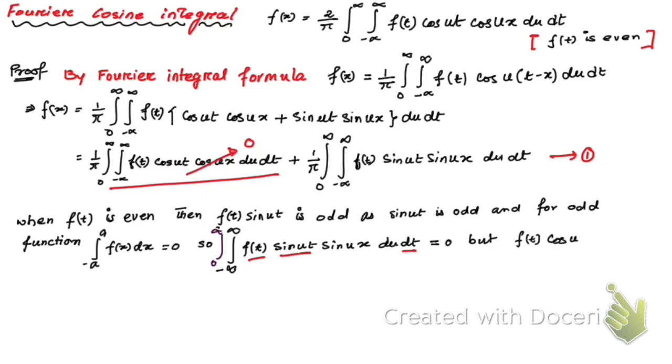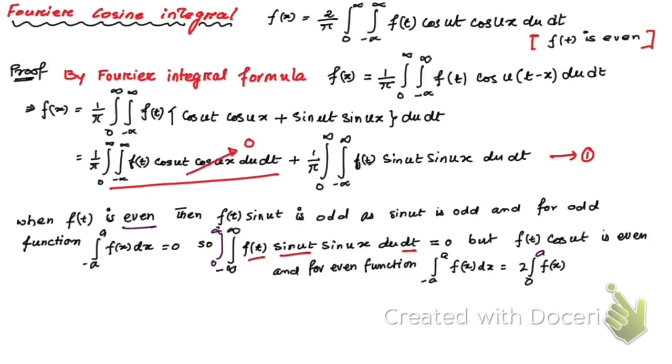But f of t cos ut is going to be an even function in this case, because f of t we have considered even, and cos ut is also even, so both even, so their product is going to be even. And for an even function f of x, the integration from minus a to plus a of f of x dx can be written as 2 into the integral from 0 to a of f of x dx.